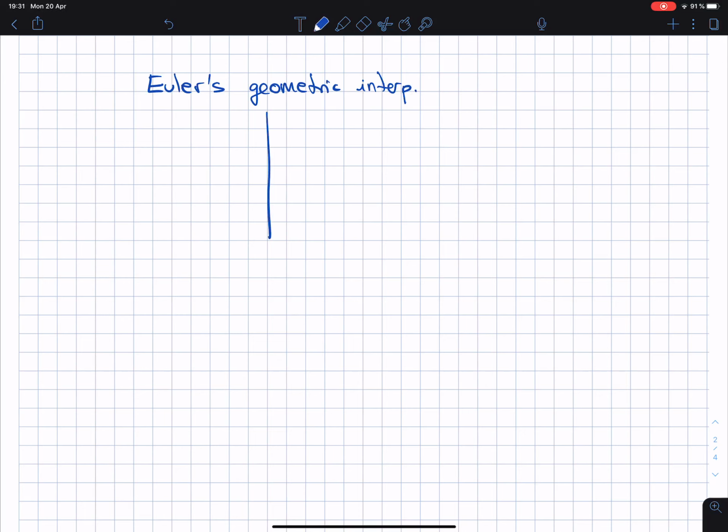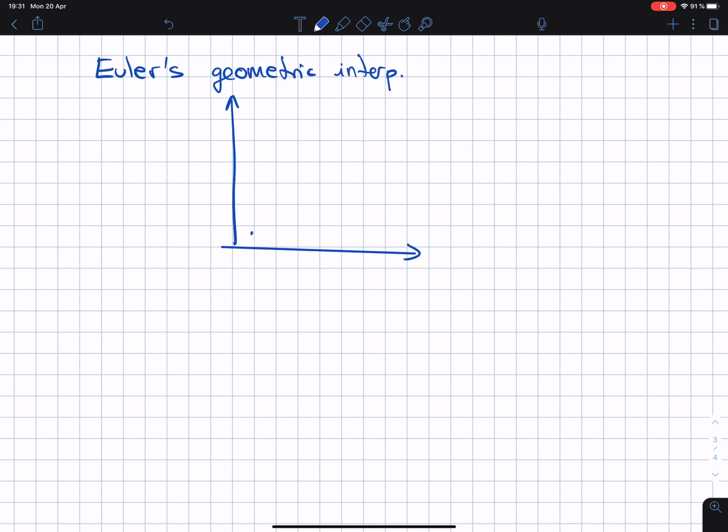Now, for Euler, let's say we have the exact solution, y(t), and we have an initial condition of our problem.